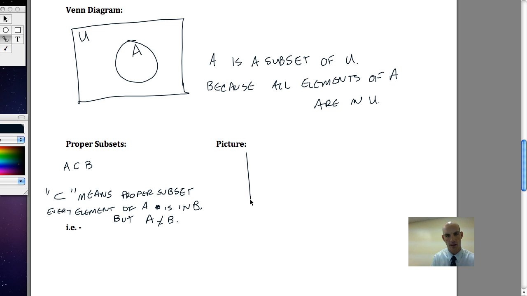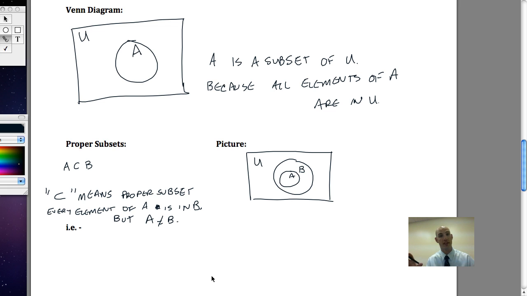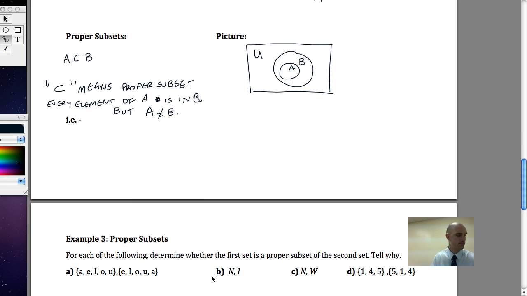Here's what the picture would look like. I've got the universal set here. Here's B. And A would be a subset of B. Not everything in B, but a subset of B. For example, set R equals Mars and Venus.